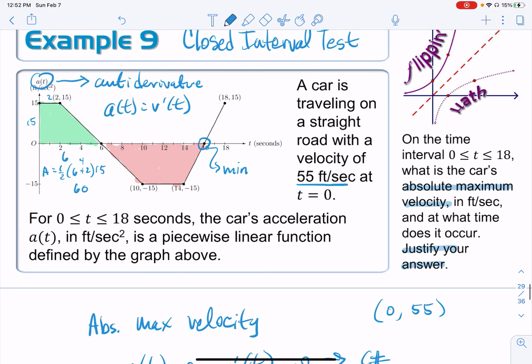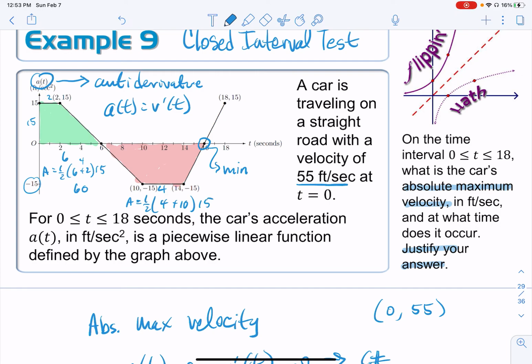Once again, using our trapezoid area formula, we have area is equal to a half of our two bases. This one is 4 here because I'm going from 14 to 10. So 4 plus, and then this one's going from 16 to 6, so that's a 10. And then our height is also 15. So I got 14.